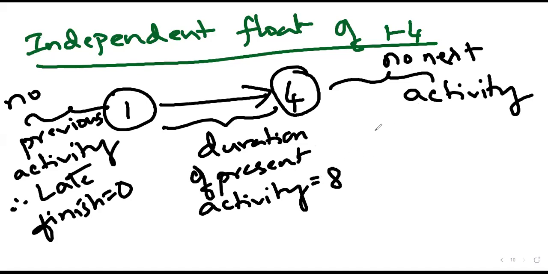There is no next activity. So in this case what are we supposed to do? We are supposed to determine the early start for the next activity, when it can start.